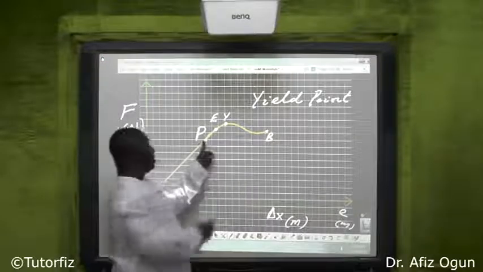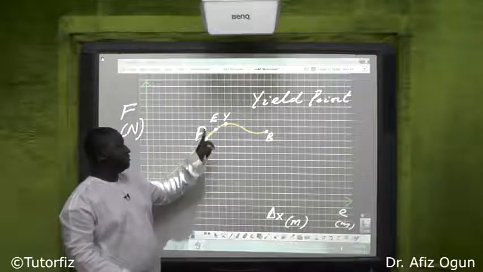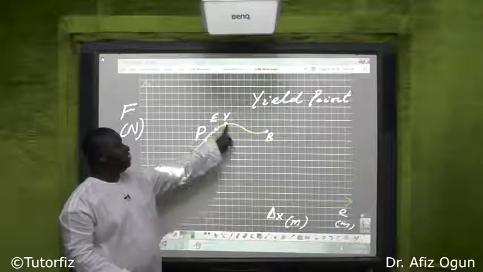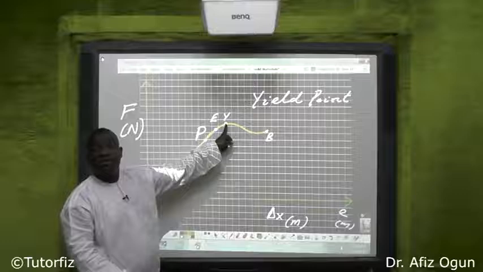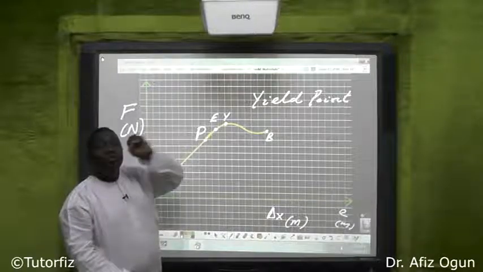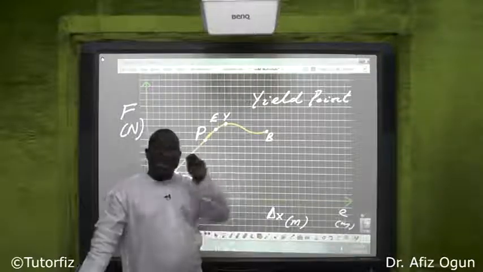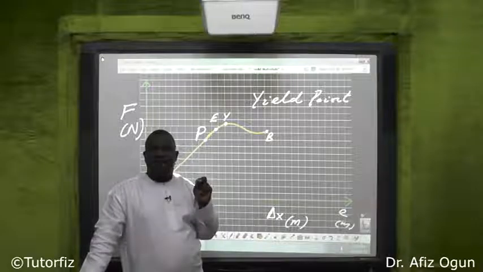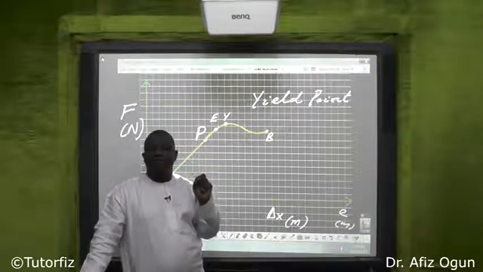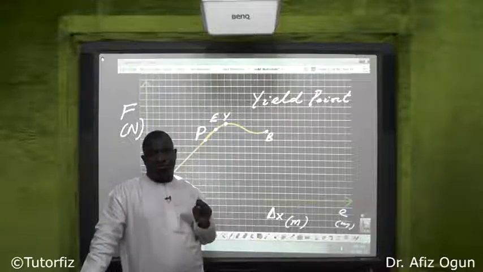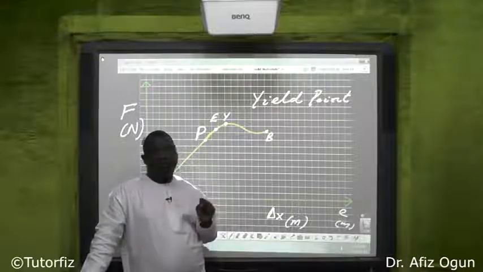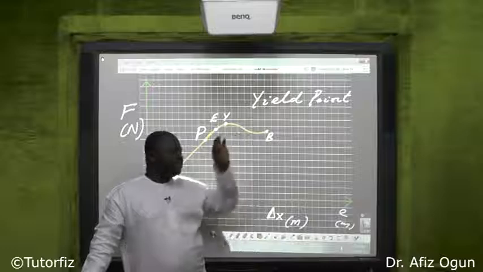Again, limit of proportionality, elastic limit, yield point. A little beyond the yield point, little or no increment in the force will cause a very large extension until the body necks and breaks.